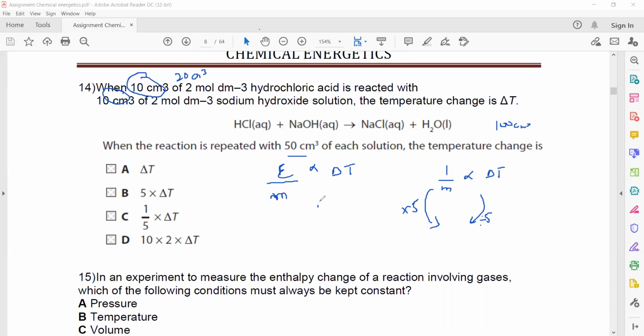But the energy and temperature change are directly proportional. What about the amounts? When you check the amount of solution, it becomes 5 times.